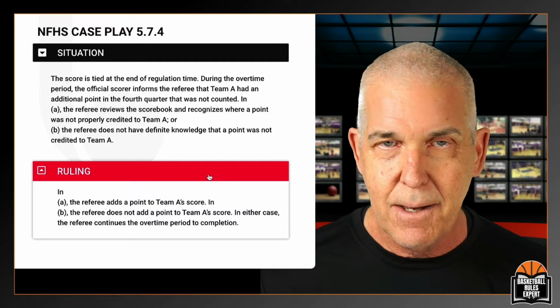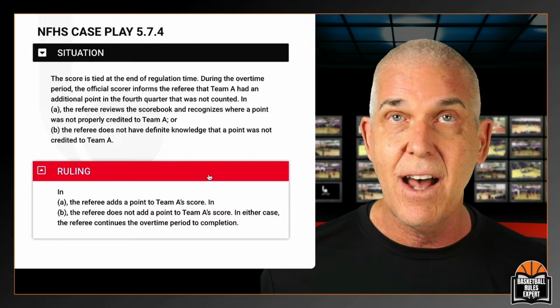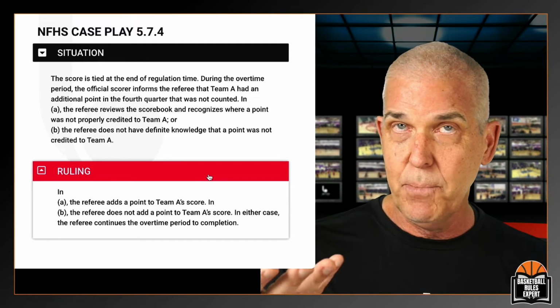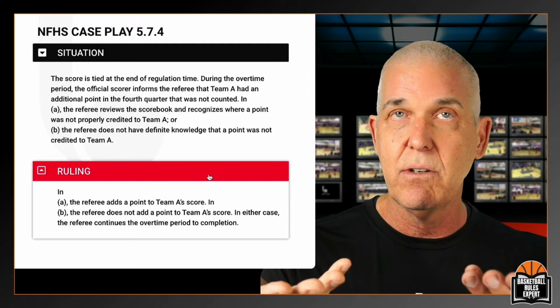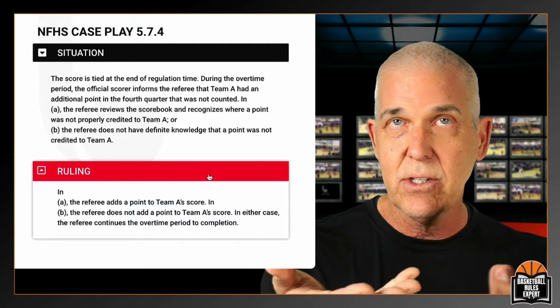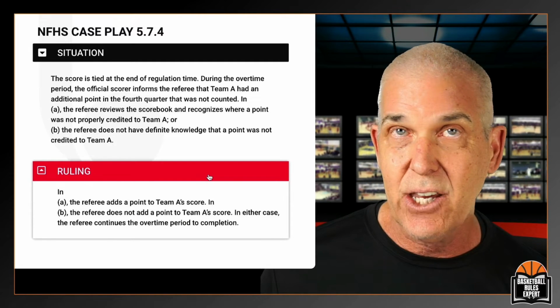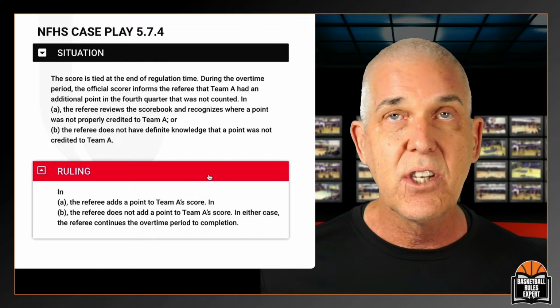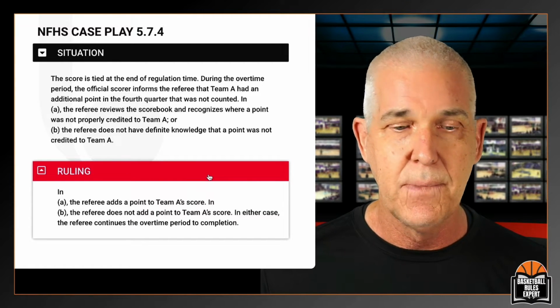And B, the referee does not add a point because they don't have definite knowledge. Maybe the visitor book says, no, we don't have that situation. The home book does. Referee needs to make a determination about whether that was an accurate recognition of a discrepancy in the book. So that's our ruling on this play.